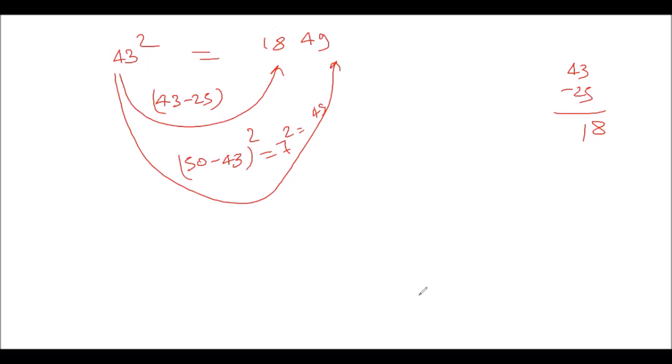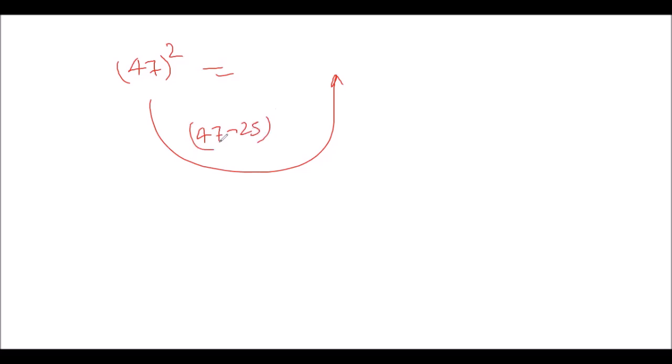Again let's check another number. Let's say we want to find the square of 47. What do we do, similarly? Take the difference from 25. So 47 minus 25 will be 22.